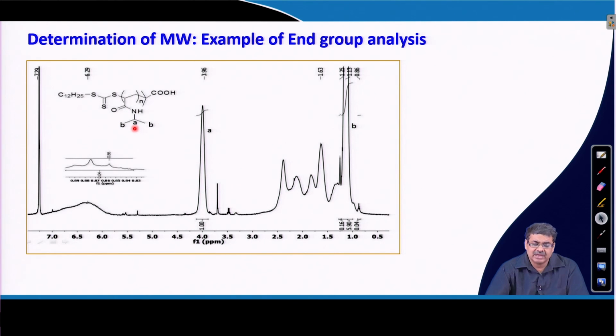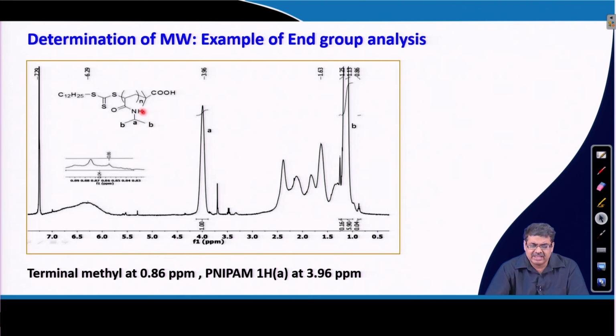So, NMR for each proton present in a different chemical environment will produce a different signal, and the intensity of that signal will be proportional to the number of such protons present in the molecule.